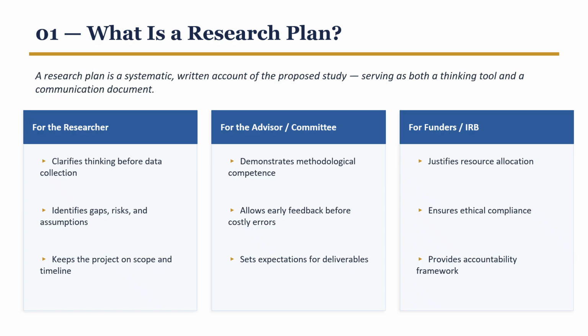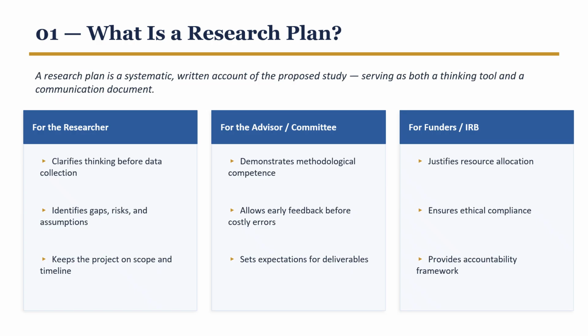And the research plan is going to keep you in your scope, right? Think of it as blinders, like, we're going down the path. This is the scope. You don't want to go too far. You don't want to go too narrow. And it's going to keep you on your timeline. For your advisor, for a committee, if you're writing a dissertation or a thesis, it shows what you can do in terms of methodology and that you understand how to collect data and how to analyze data.